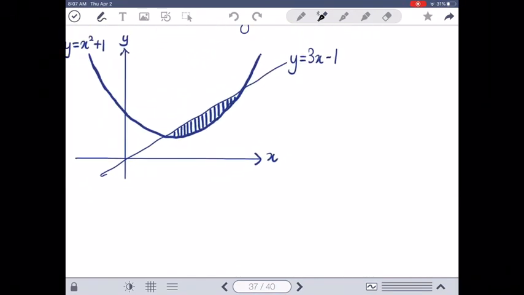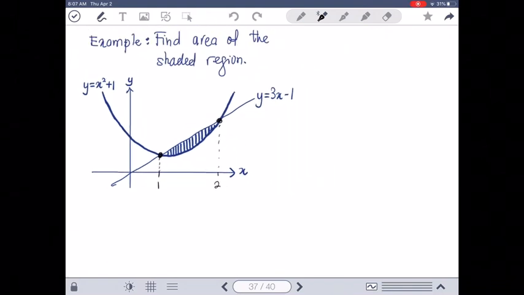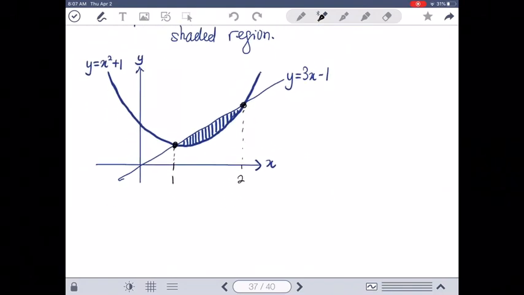Alternatively, from before, we know that the boundaries are 1 until 2, when we let 3x minus 1 equals x squared plus 1.